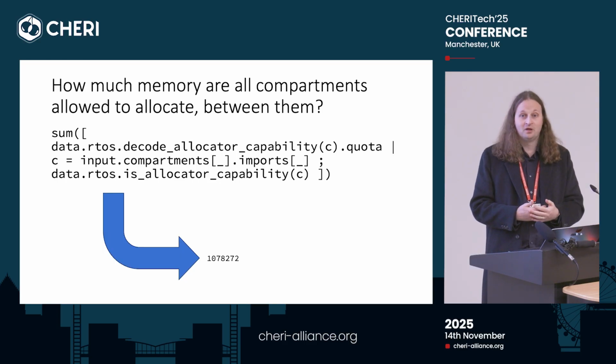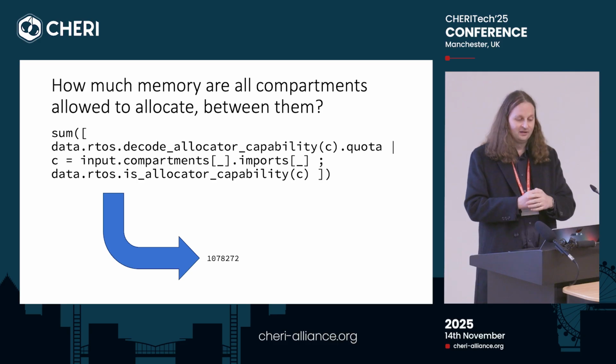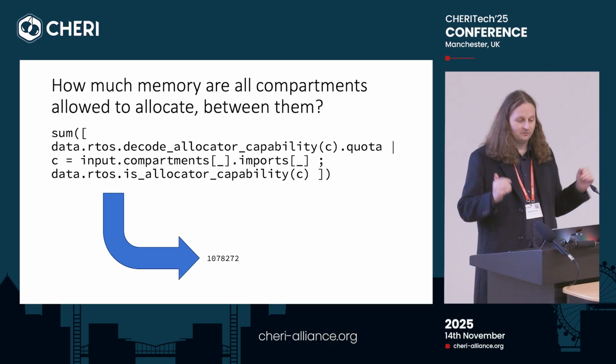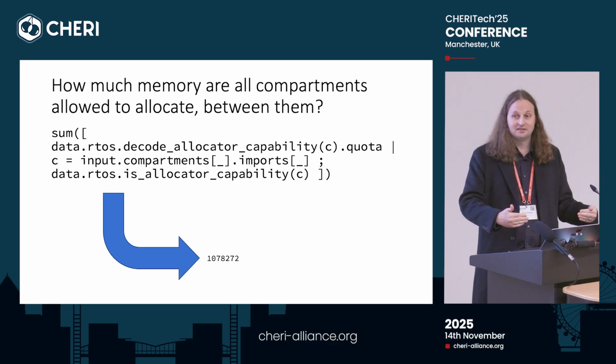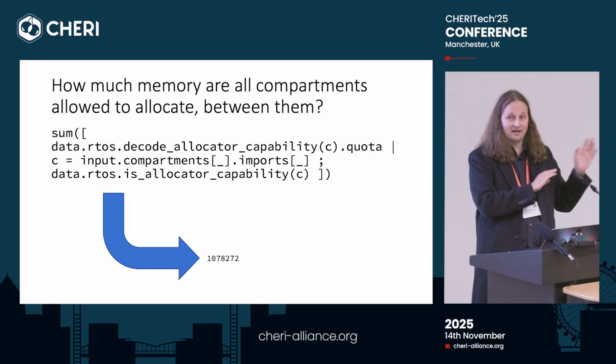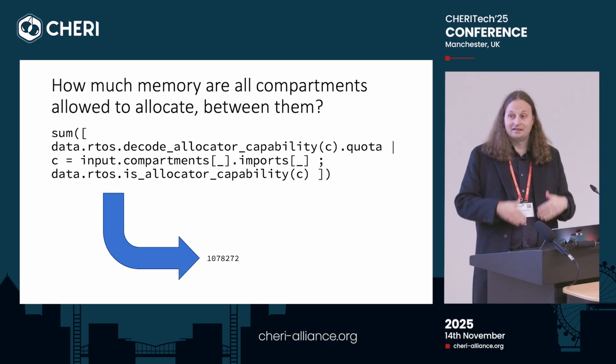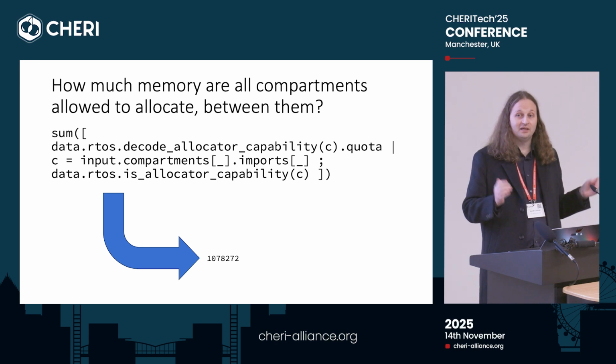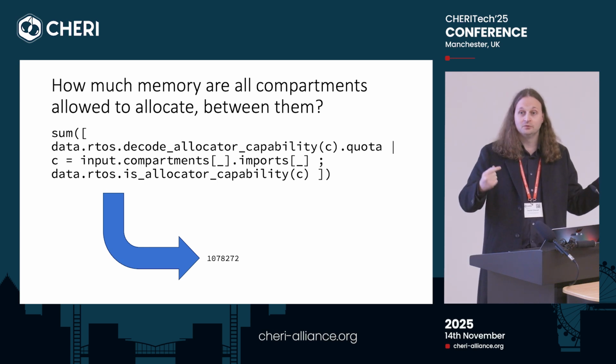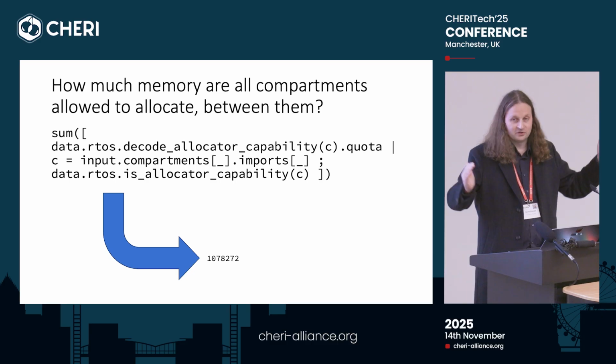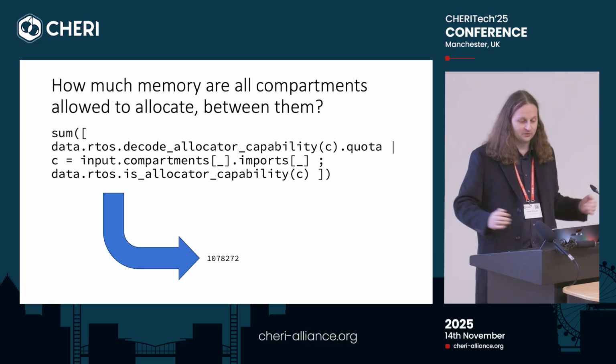So you can use Rego list comprehension to say, for every compartment, for all of its imports, please filter them based on, are they allocator capabilities? So are they sealed with that particular sealing type? And if they are, construct a list for me of just the quota field from those, and then use the sum function to add all of those together.